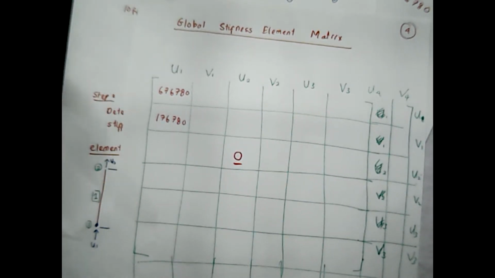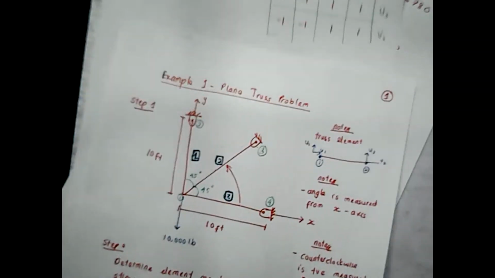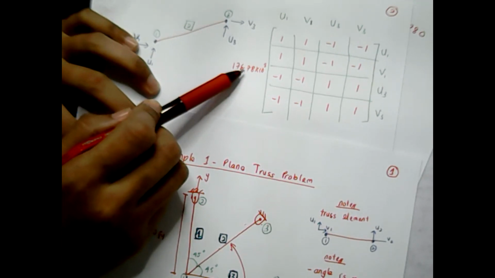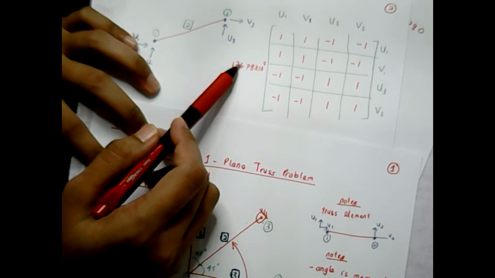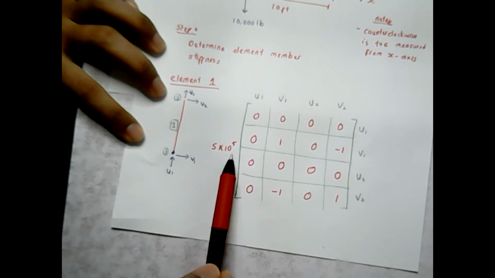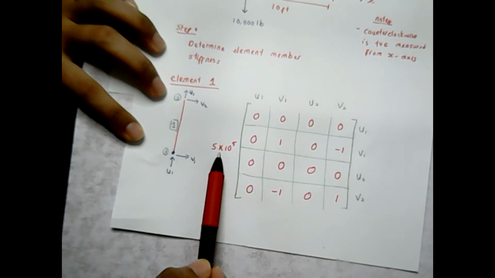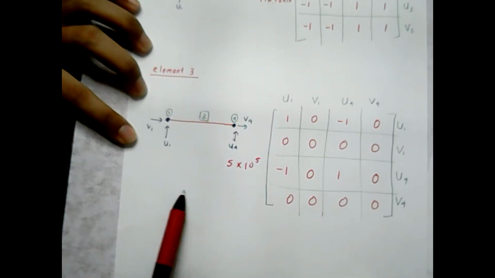Otherwise, if you want to simplify by having the same factor overall, what you can do is change the factor, instead of having 176.78, change this into 5 times 10 to the power of 5, so that you have a similar factor for the K value for element number 1, element number 2, and element number 3.